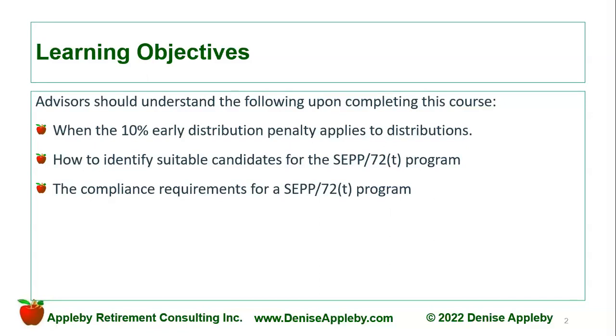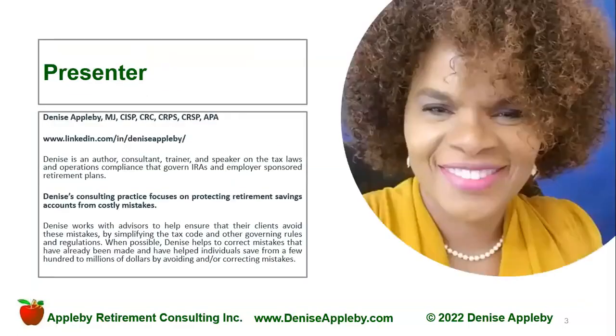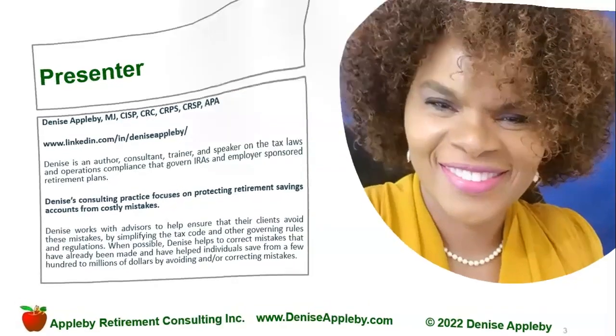How do we determine if that client is a suitable candidate for a 72T program, which can be used to avoid that penalty? And if we determine that a client is a suitable candidate, what are the compliance requirements? Because the rules for the 72T program are very strict, and if they're broken, then the penalties can be pretty significant.